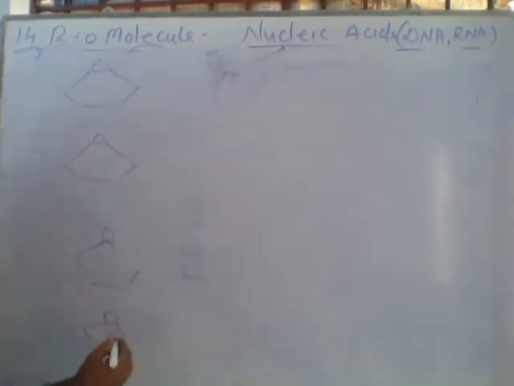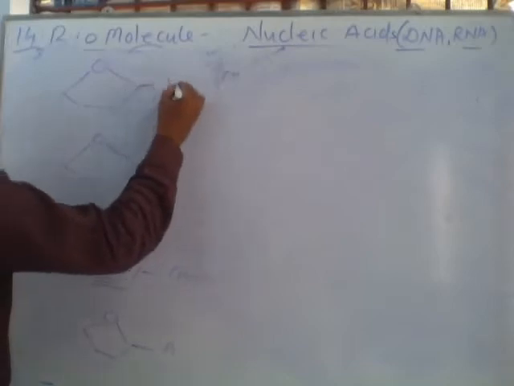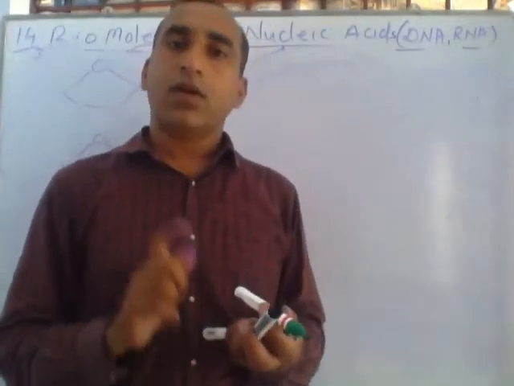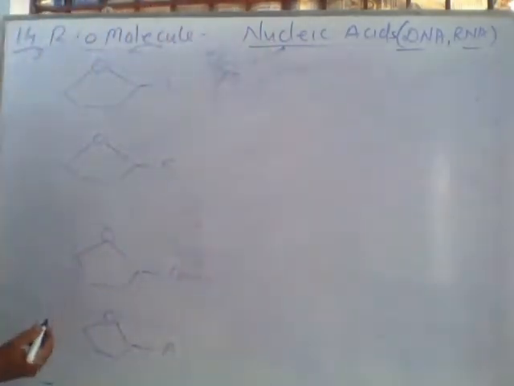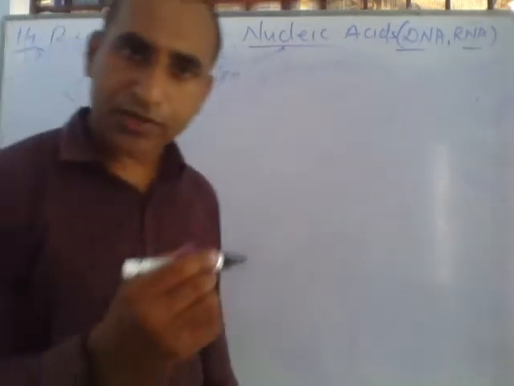Here we can use adenine, guanine, cytosine. You can use uracil if you are preparing ribose. Here 1, 2, 3, 4 and the fifth carbon atom. Here 1, 2, 3, this is the third carbon atom. The fifth carbon atom and third carbon atom both are joined with phosphorus, called a phosphodiester bond.